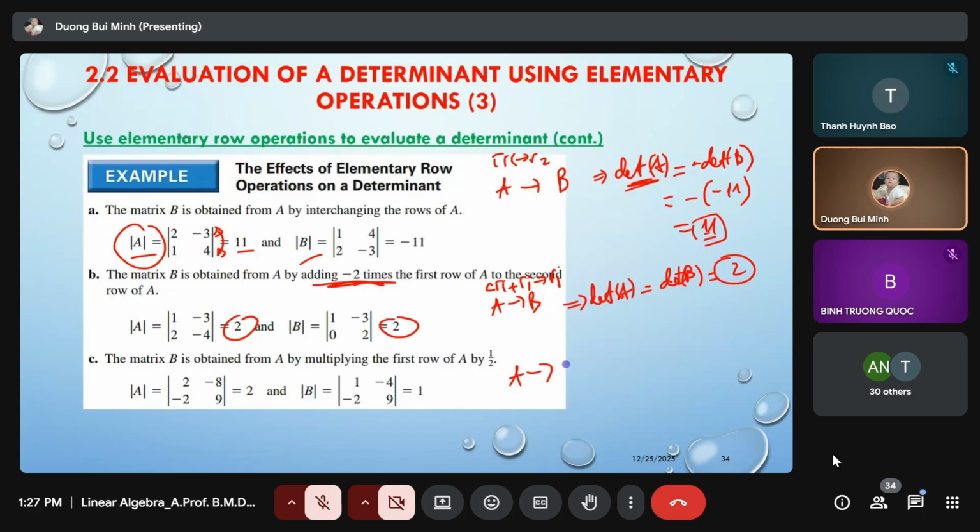And number 3, A to B. Scalar multiplication, C times Ri relate to Ri. So you get the determinant of A equals 1 over C times the determinant of B. And the determinant of B is 1, and C is 1 over 2. So 1 over 1 over 2 is 2. 2 times 1, you get 2.